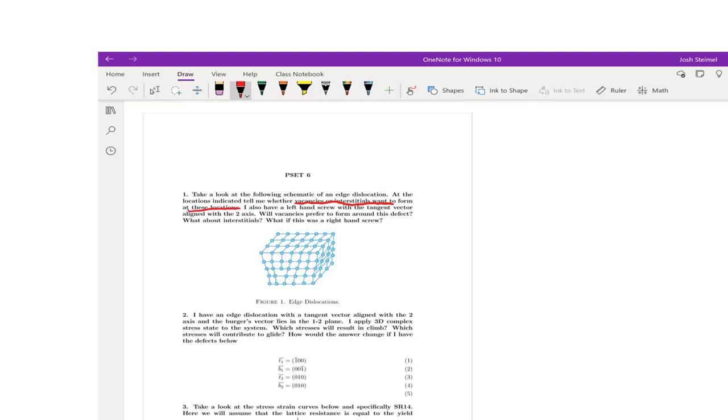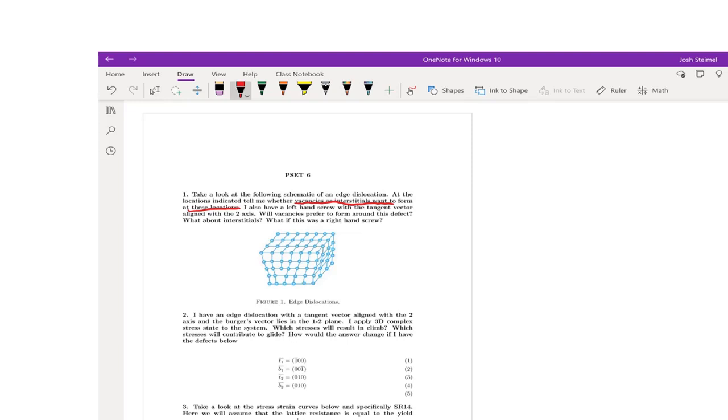All right, so we know that when we're looking at the formation of these point defects, so vacancies or interstitials, we have the following relationship that we could always call upon.